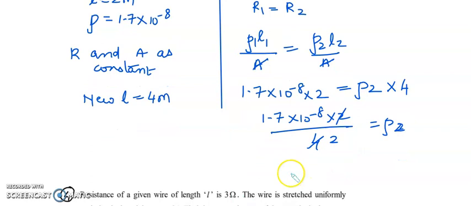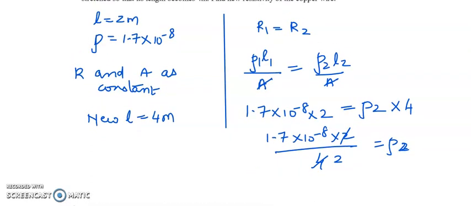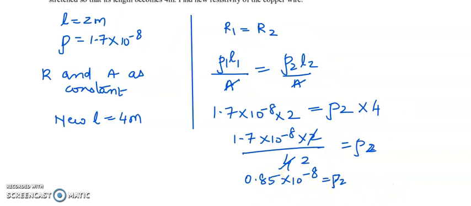Now 1.7 divided by 4 gives 0.425, so the new rho can be written by shifting the decimals, in standard form, as 4.25 into 10 raised to minus 9 ohm meter.